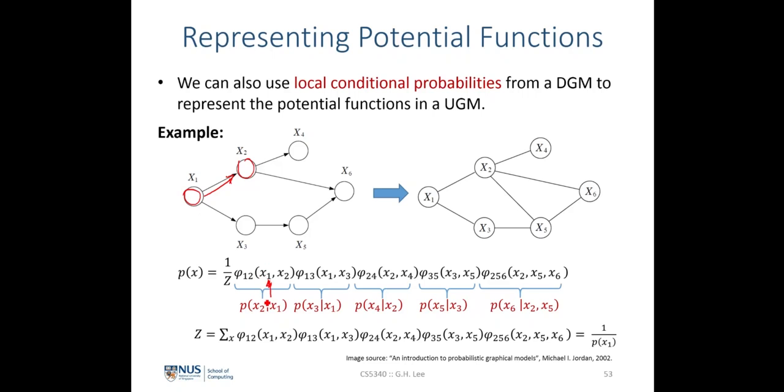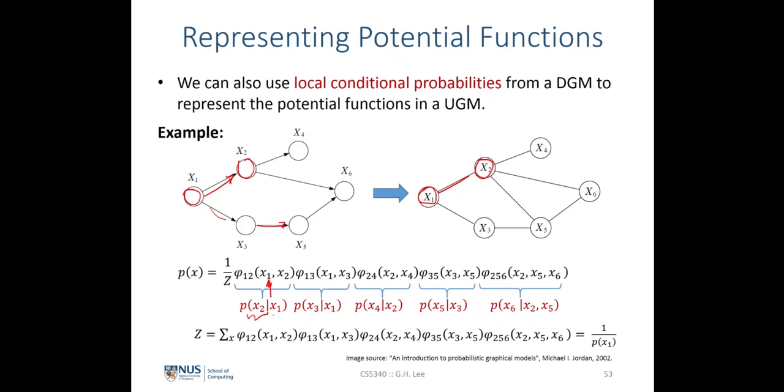We can directly convert it into a local clique over here between x2 and x1, and we'll simply use this probability distribution table as the local potential function between the random variables x1 and x2. Similarly, we can represent all the other edges and convert them into potential functions.